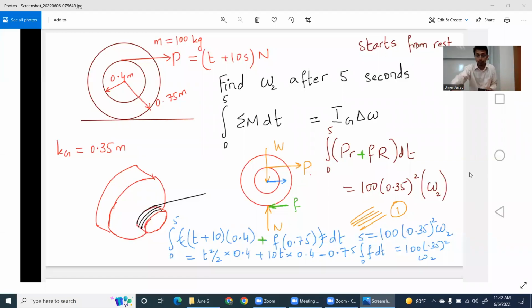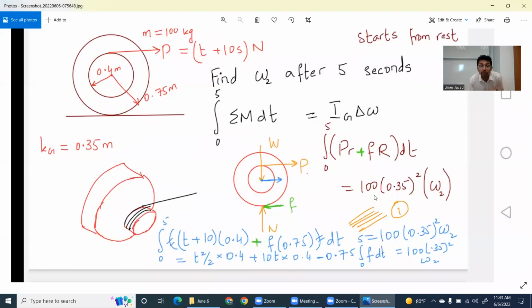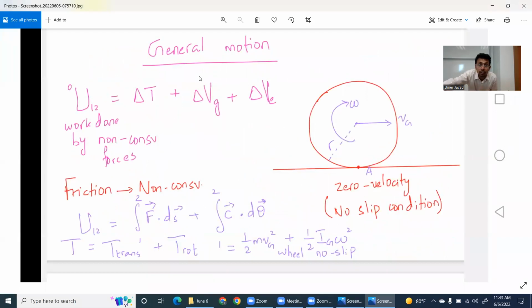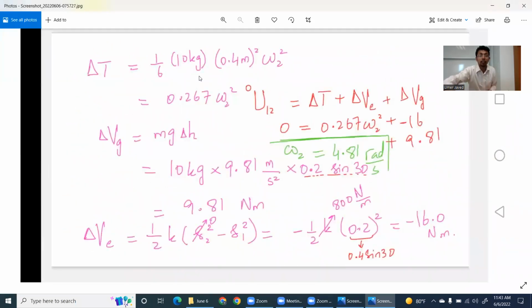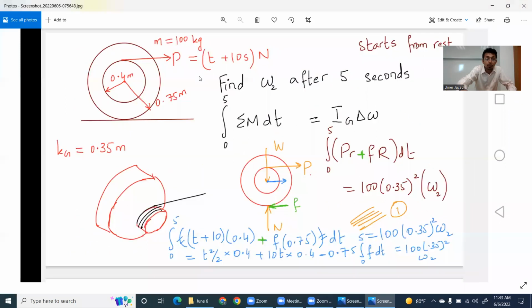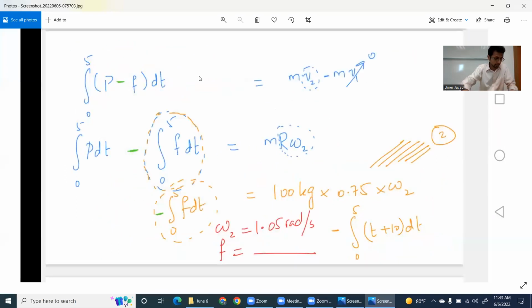Record. Okay. Let me... Hang on with me, please. Where are we? Okay. Oh, come on. Let me double check the first example. Sorry, this is not the first example. This is our... Yeah.